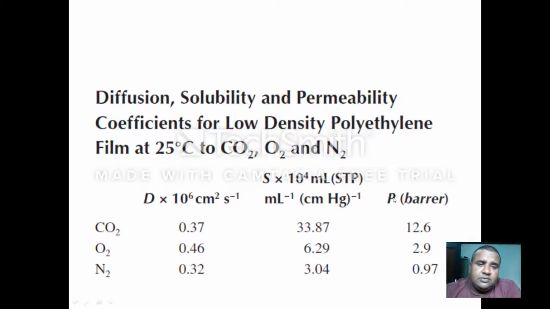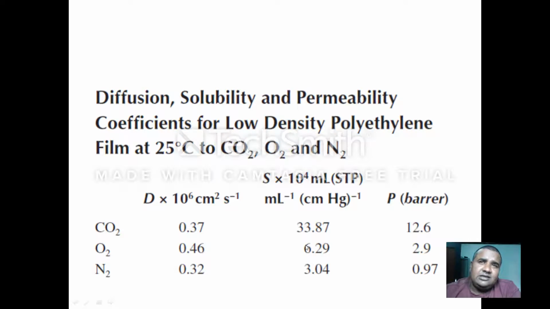So your answer is why CO2 has better permeability: because the solubility of CO2 is better than oxygen's. Why is it more soluble than oxygen? If you search on Google, there are so many theories.